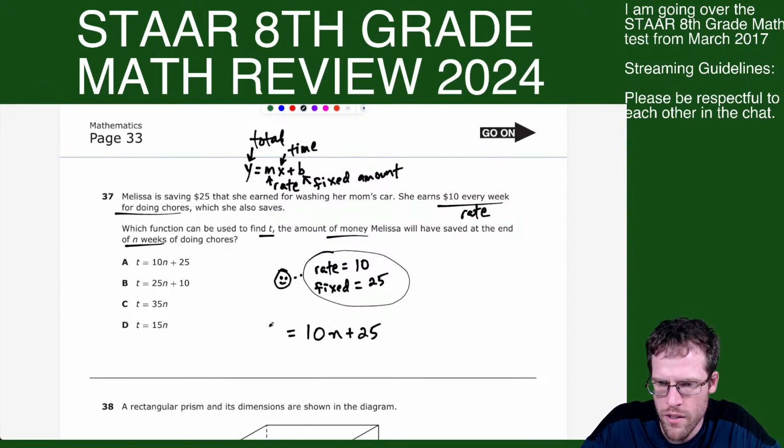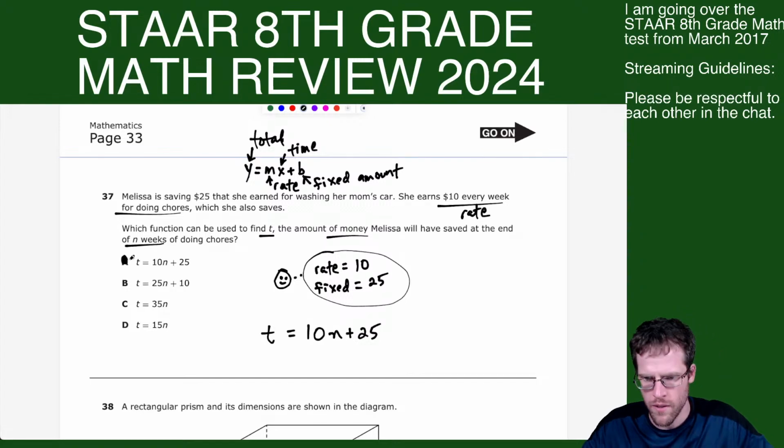This is like our y equals, but here we're saying t equals, which function can be used to find t, the amount of money. So $10 times the number of weeks that goes by plus the $25 that Melissa already has saved. And this is going to match up with choice A.